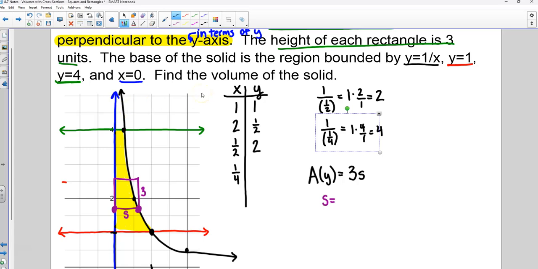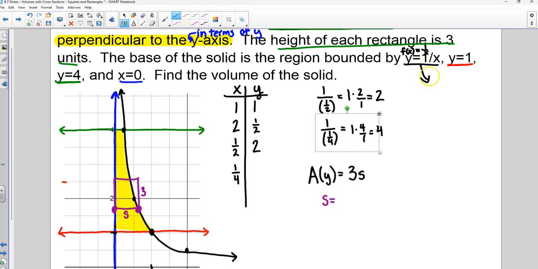If I used f of x instead, I've got f of x equals 1 over x. This is in terms of x because x is the independent variable, the one you're plugging in here. I've got to resolve this for y instead so that it can be in terms of y.